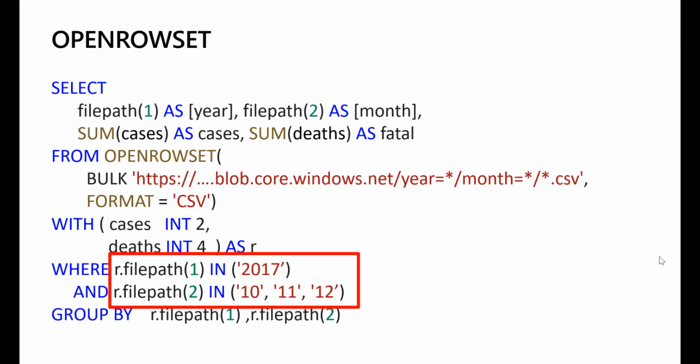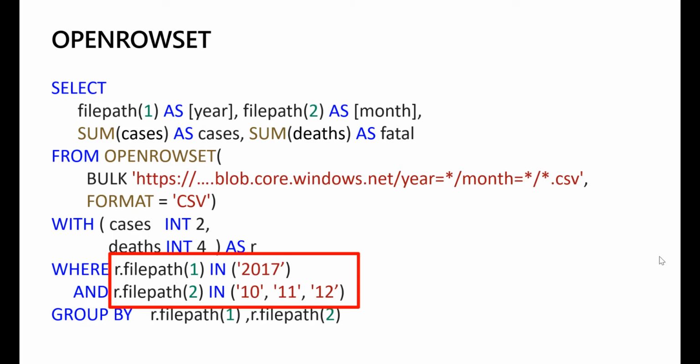Another important feature is the ability to reference wildcards in predicates. There is a new filepath function that returns the value that is matched with the wildcard expression in the file path. We can use this expression to filter out some values.